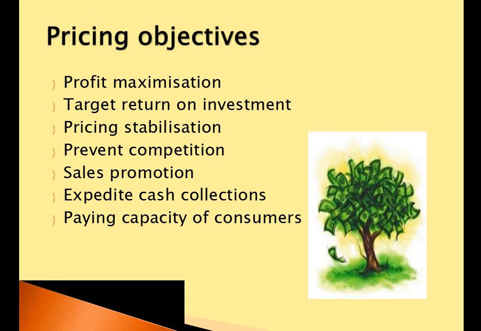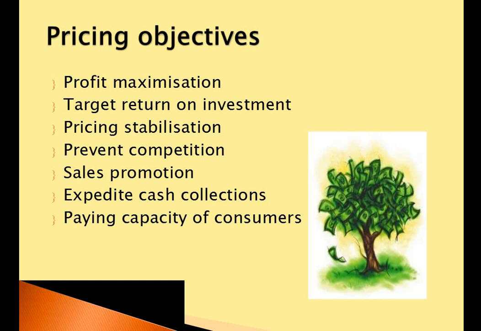So profit maximization is the end result that any producer keeps in mind before they fix the price upon any product or service. The second most important thing a producer will keep in mind is to achieve the return on investment, and it is the target that has to be achieved by every producer or manufacturer.